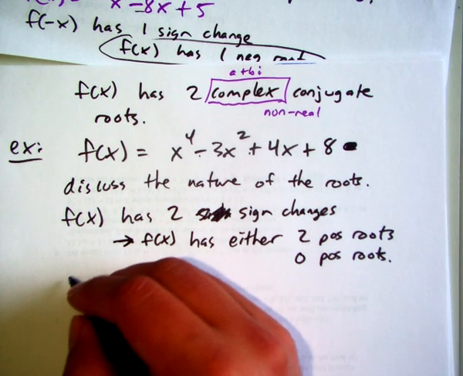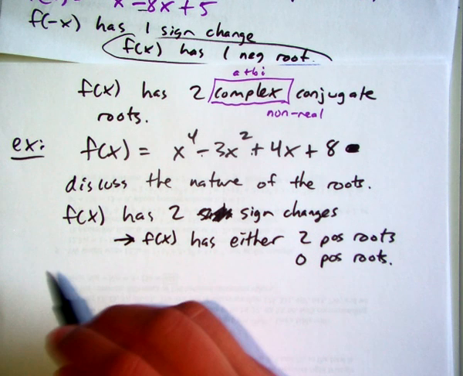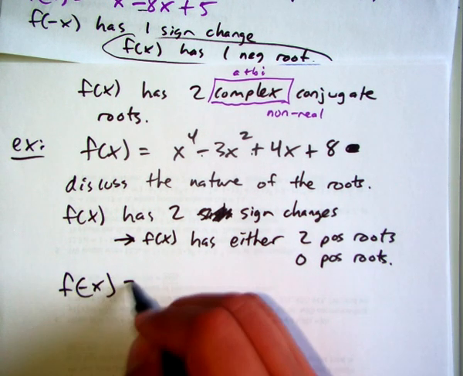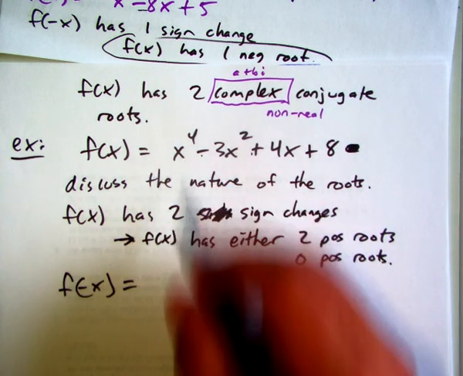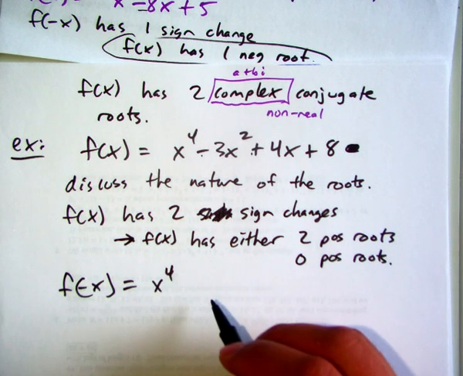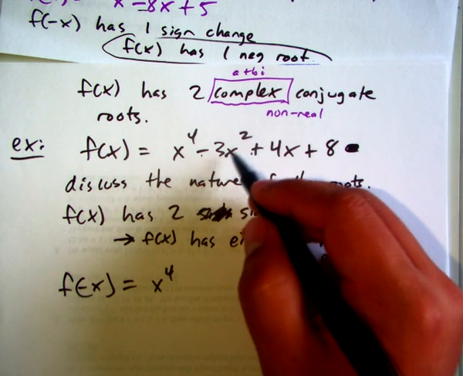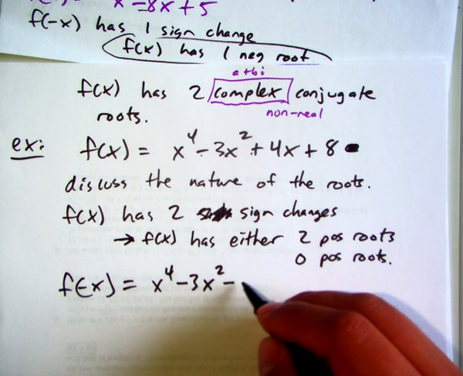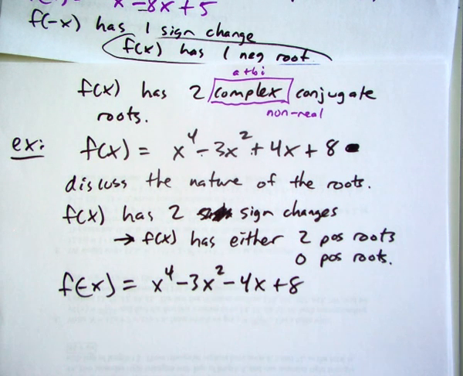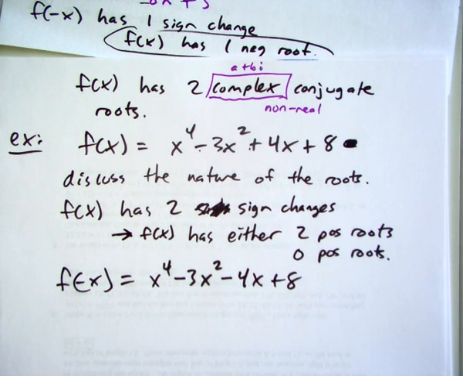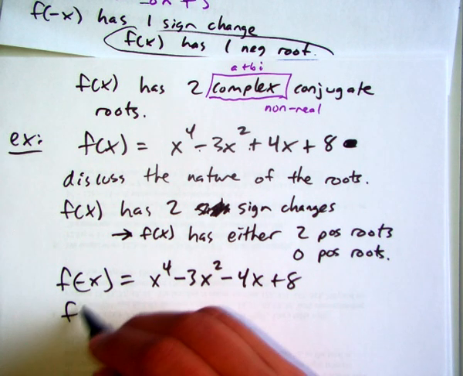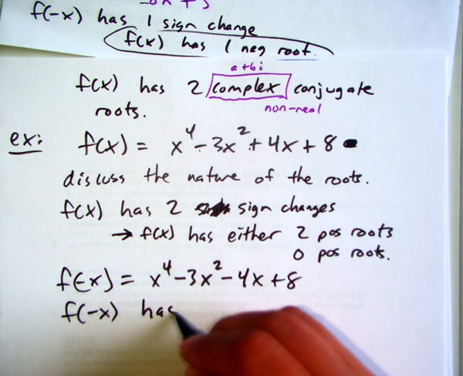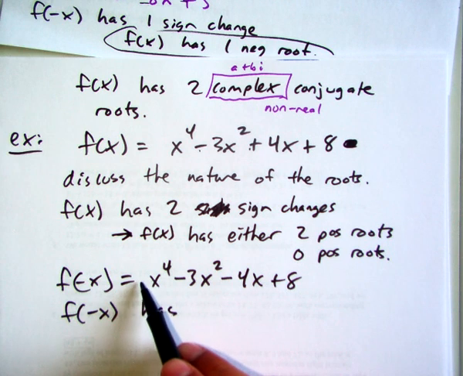And then let's look at f of negative x. So I'll write that out. Plug in a negative and raise it to the 4th. That stays x to the 4. Plug in a negative and square it. Doesn't do anything. But now here, if I multiply by negative x, we get minus 4x plus 8. Okay, so now let's see. F of negative x has from positive to negative.